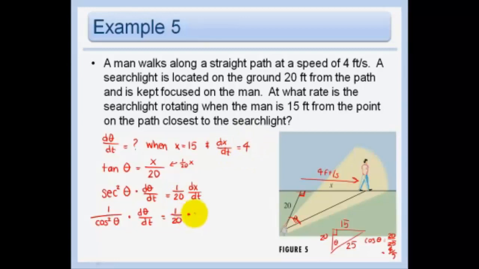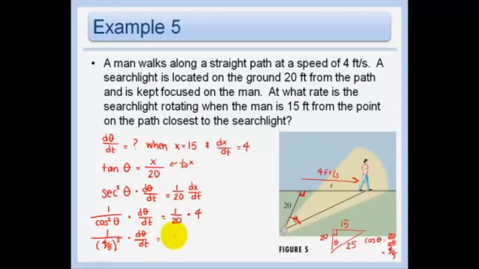And so we can substitute that in. And we found that the cosine of theta was just 4/5. Just left with d theta/dt equals 0.128. And what is our units here?